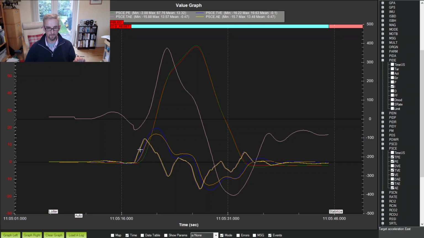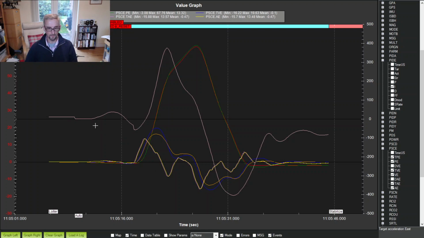What I'll be looking for is setting jerk higher, and Leonard says jerk needs to be equal to or maybe even double the desired acceleration. My desired acceleration at the moment is 20 meters per second squared, so I'm going to set the jerk to maybe 40 meters per second cubed, and then we'll see how I get on with that.